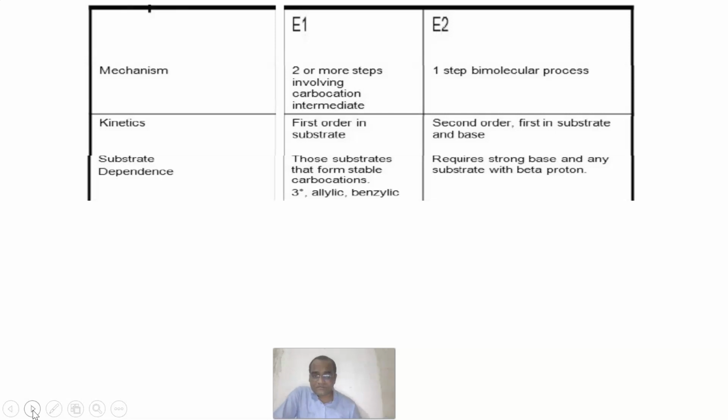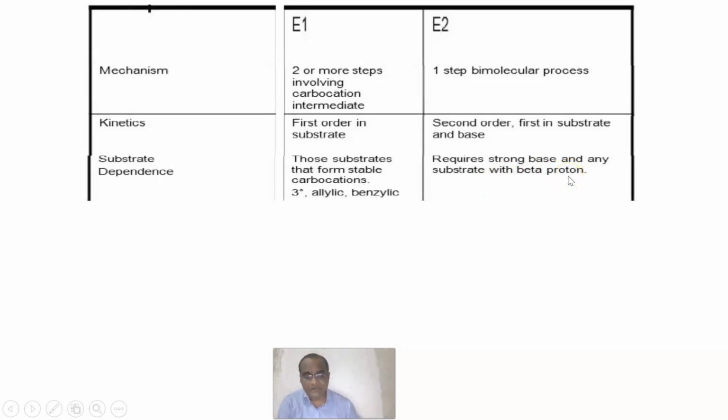Substrate dependent: in the case of E1, substrates that form stable carbocations are more favored. But in the case of E2, it requires a strong base and any substrate with a beta carbon.